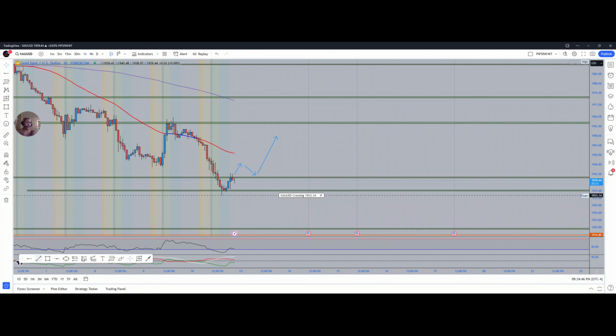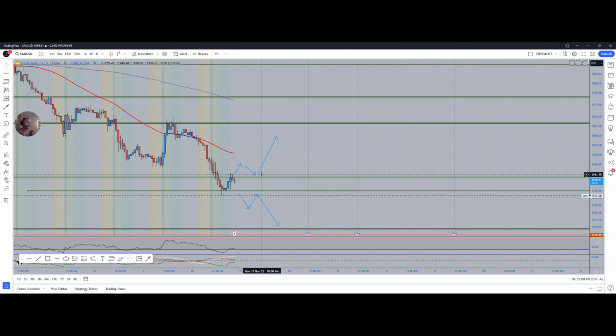If we break this area, this could happen. It could retest to go lower. So those are the two scenarios that I'm looking for, guys, for gold for the next 2-3 days for this week.